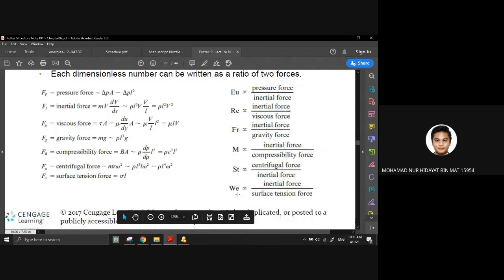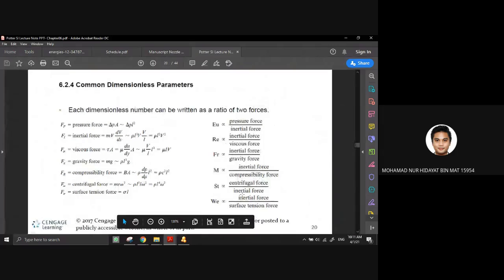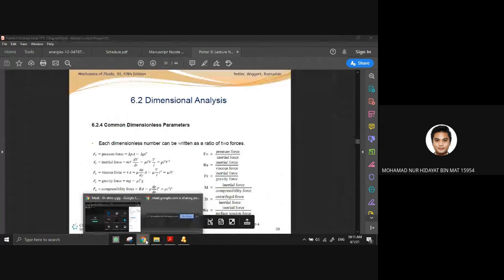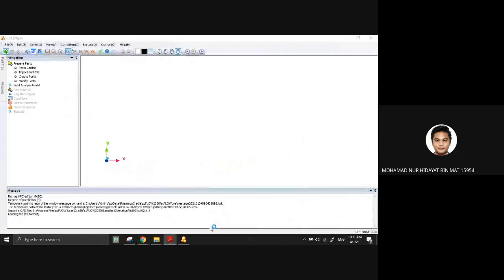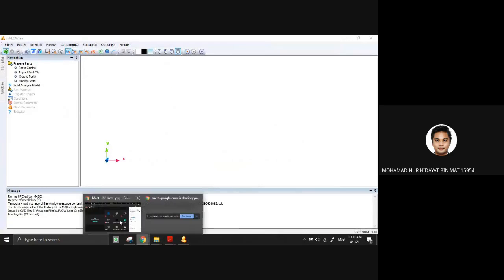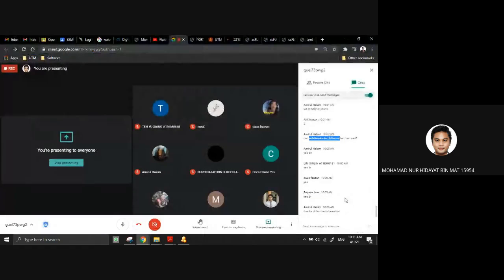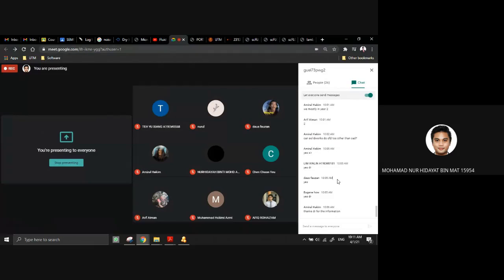And lastly, the Weber number relates to the inertial force over the surface tension force. Anyone here okay so far? Are you clear on this, the two forces?